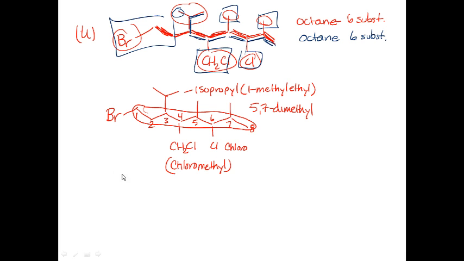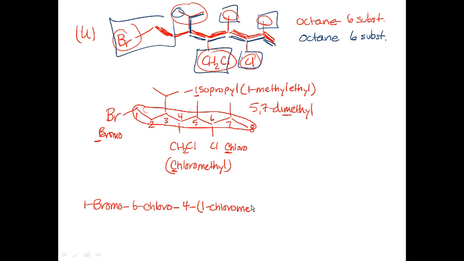What would it be? Well, I've got a chloromethyl, I've got a chloro, I've got a bromo, and then I've got an isopropyl and a dimethyl. So it's going to go bromo, chloro, chloromethyl, isopropyl, dimethyl. So 1 bromo, 6 chloro, 4 1 chloromethyl.